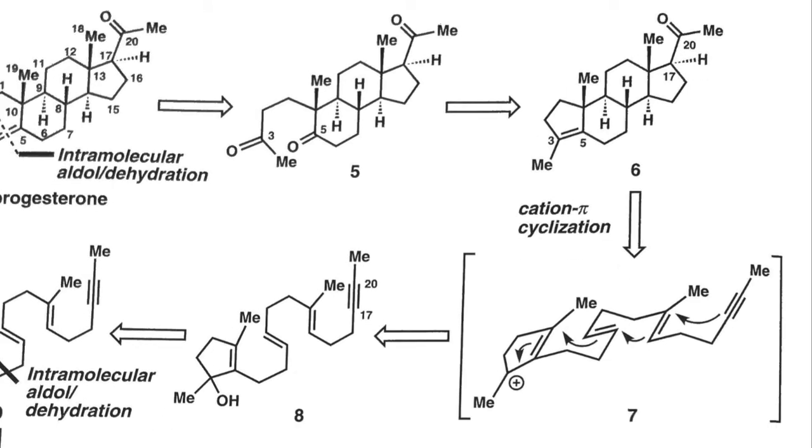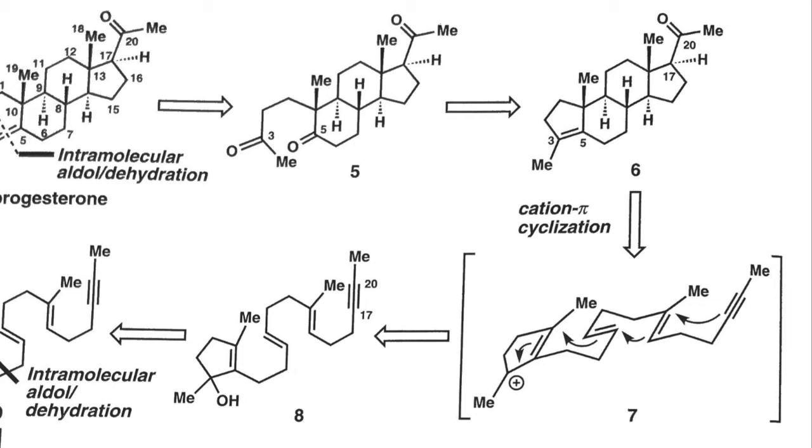If we look at molecule 8, we can see that there's that methyl group and that hydroxyl group off of that bottom carbon. If we can remove that hydroxyl group to create a carbocation, like you see in molecule 7, that would activate the molecule so that we could do a polyolefinic cyclization reaction.